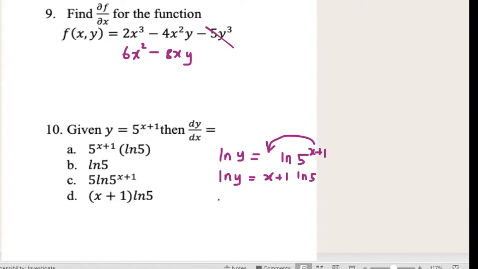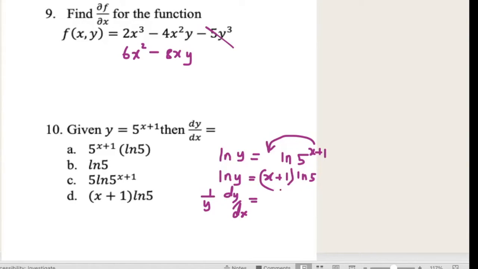Then we go ahead and differentiate, so we have 1 over y dy over dx equal, now because of this right here, we don't have to use product rule because this is like a constant.